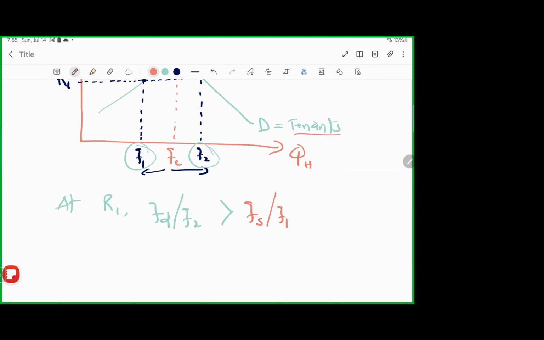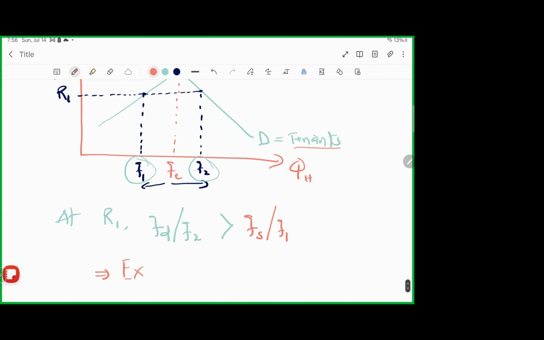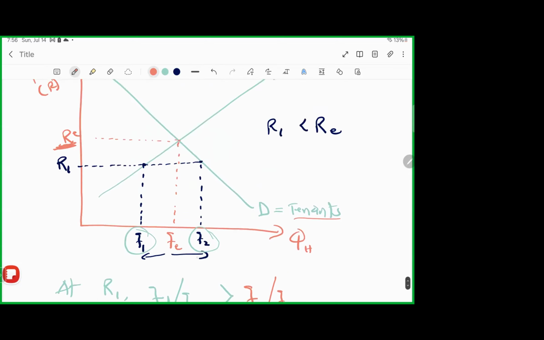So what are we seeing? At this particular R1, which is the new rent rate, there will be excess demand. And that excess demand means there would be a shortage of housing units because more would be needed.